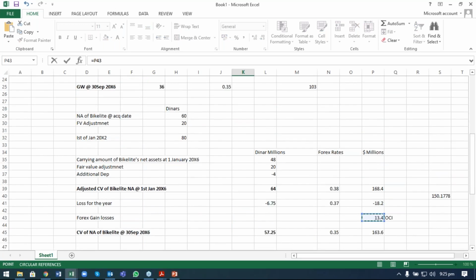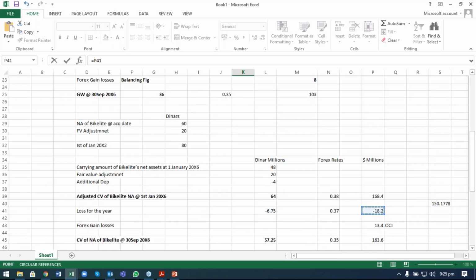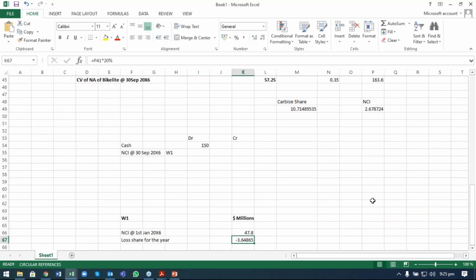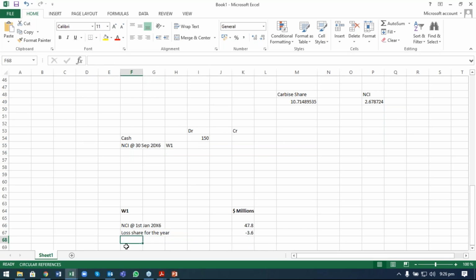The loss should be reported as 18.2 million multiplied by 20%, right? So this is the loss that should be shared. Along with this, you have to make another adjustment. It's rounded to one decimal place. Loss share for the year.